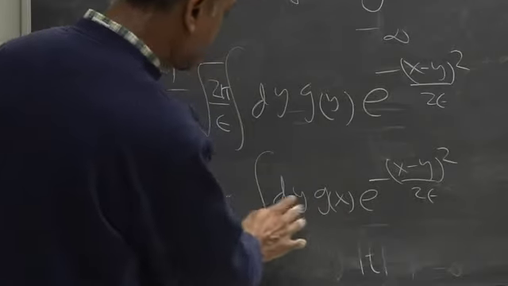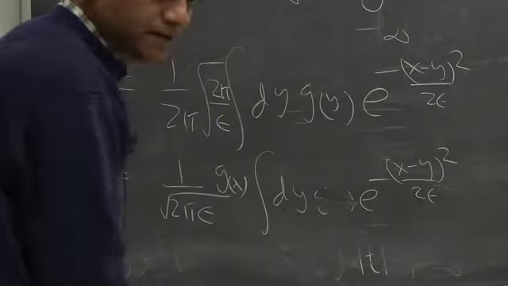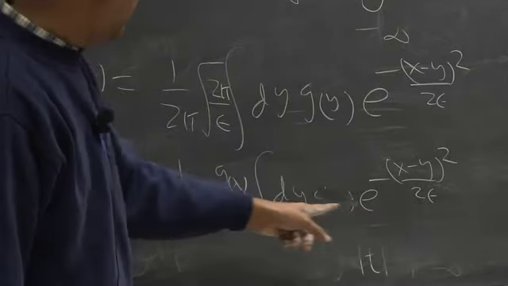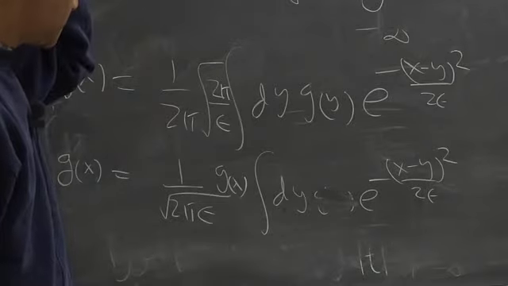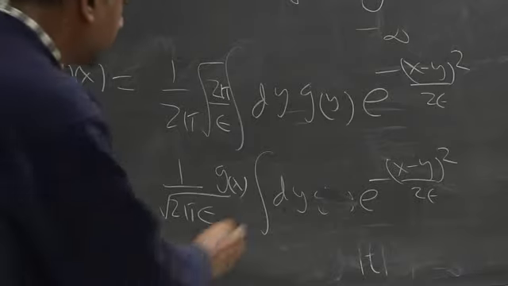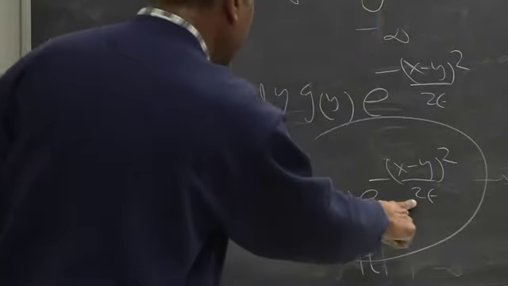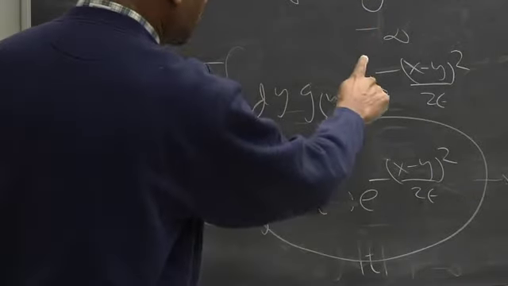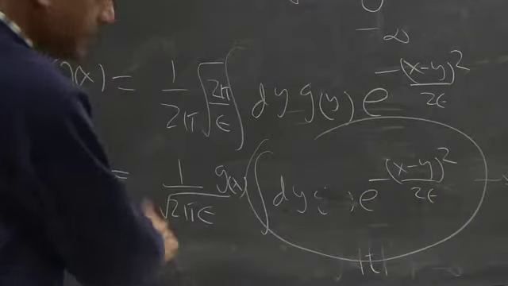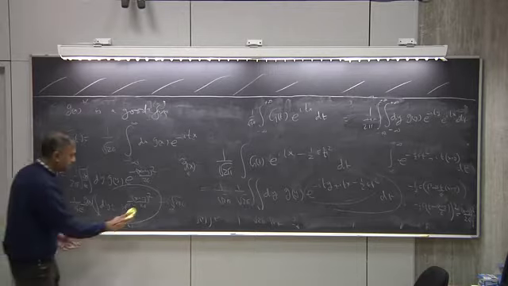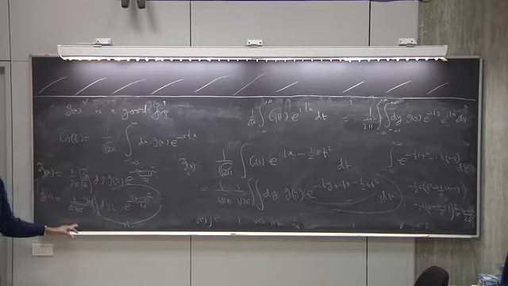I'm integrating over y, so this g of x you can take out, that's not a problem, and that's just a Gaussian. Does this integral give you root 2 pi epsilon? Because I can scale by root 2 epsilon, and then the integral is root pi, so this integral gives you root 2 pi epsilon. That's why I divided by root 2 pi epsilon to give you 1. So I have taken g of x equal to g of x times 1, where I have written this 1 as this Gaussian integral.